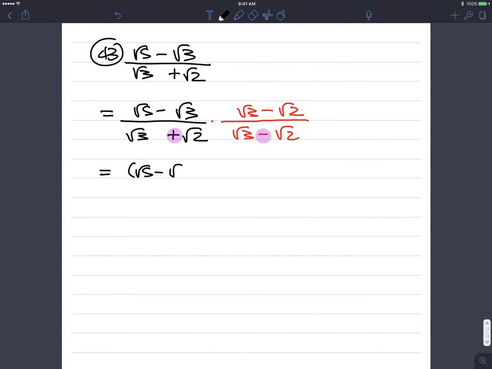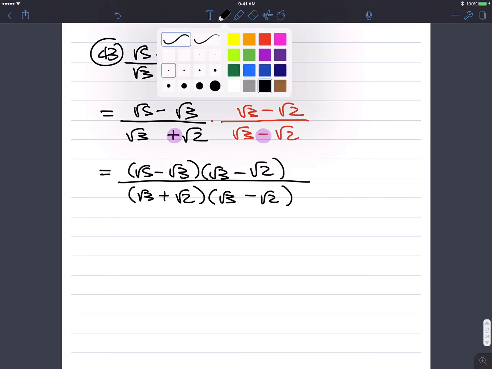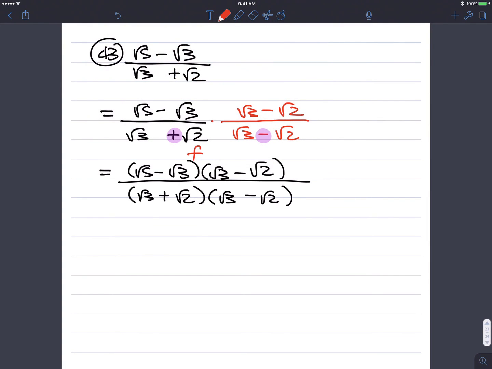Square root of 5 minus the square root of 3, over square root of 3 plus the square root of 2, times the square root of 3 minus the square root of 2. This is going to be an interesting problem because on the top we get to use FOIL. The bottom we're multiplying with our conjugates, so the bottom will be the easier computation.